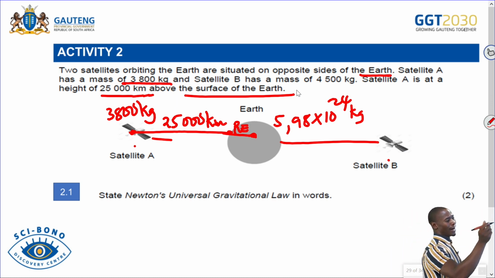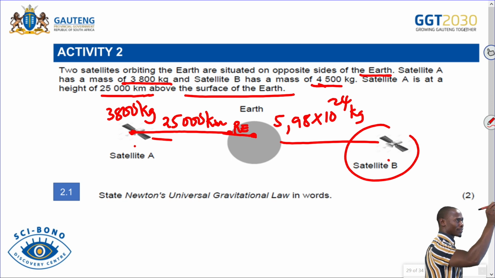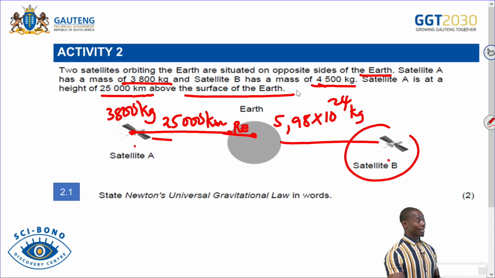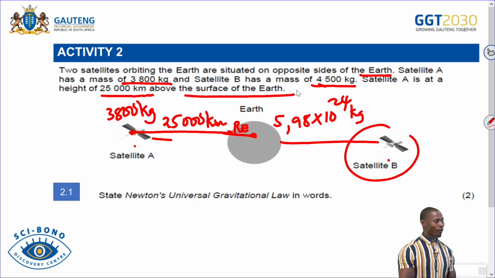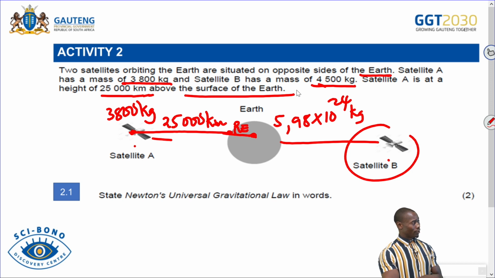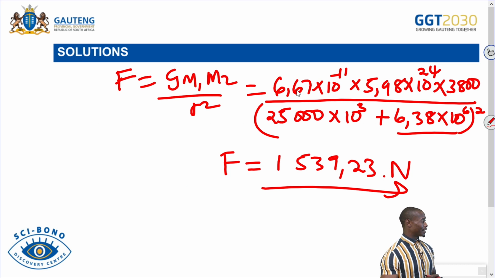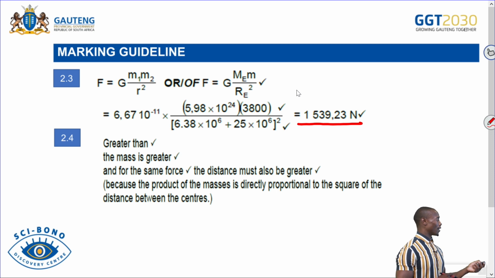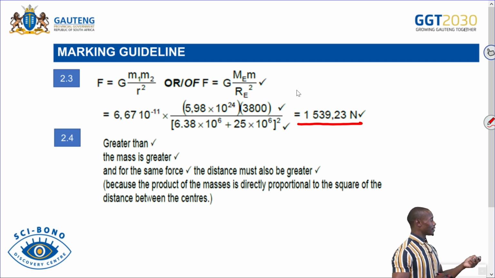Check, the mass of satellite B is 4,500, so it's greater than that of satellite A. So to maintain the same force that satellite A exerts on Earth, equal to the force that satellite B exerts on planet Earth, we are expecting the distance to be greater, because it has a greater mass.